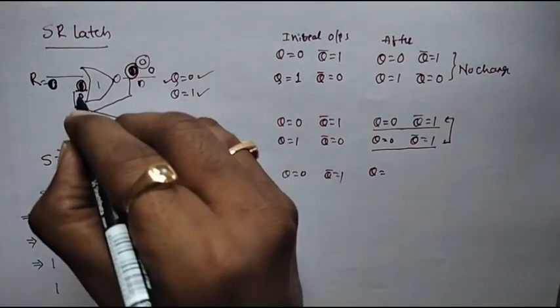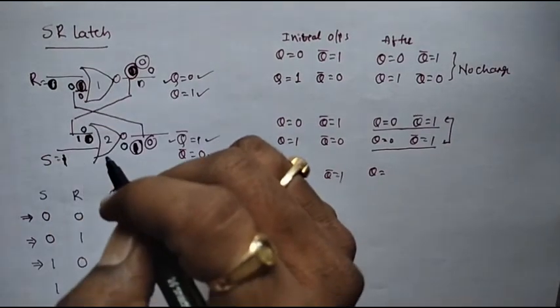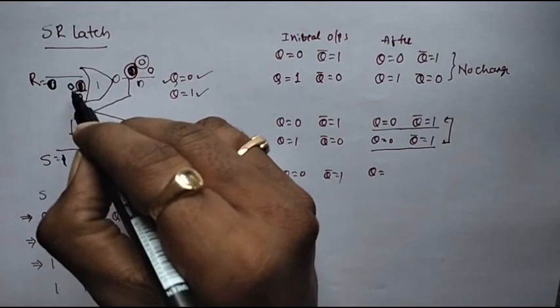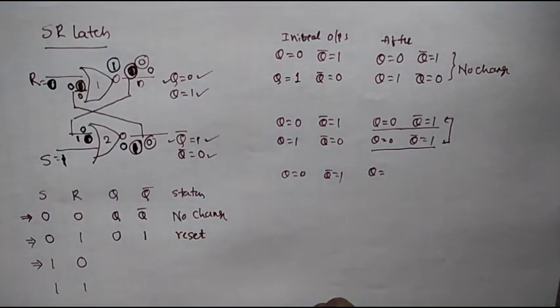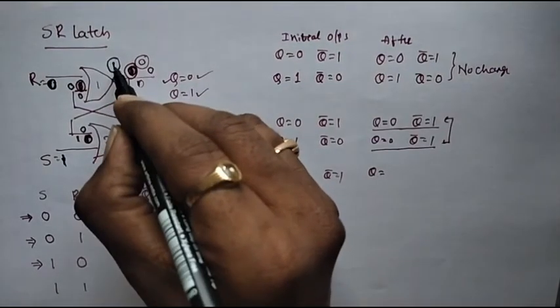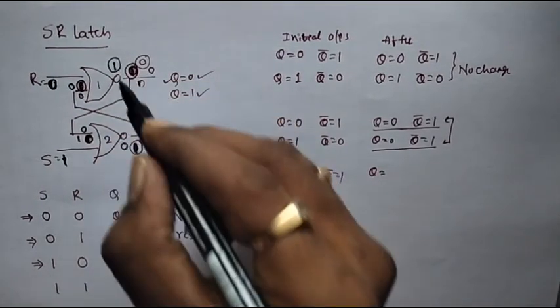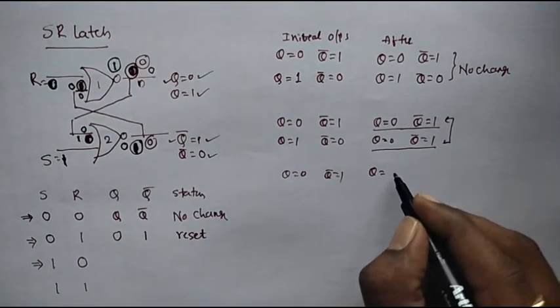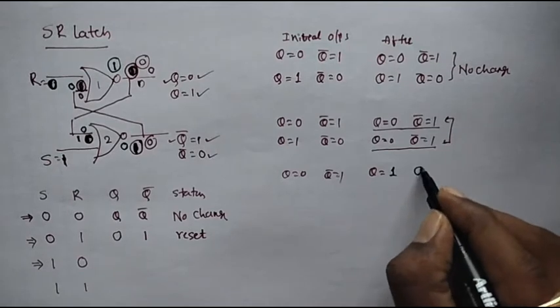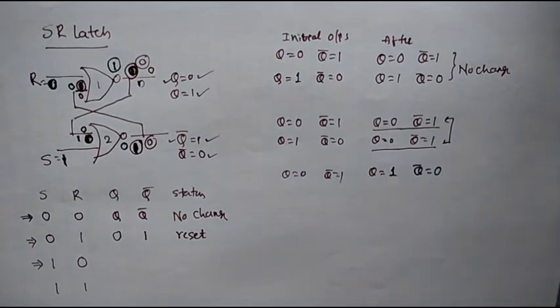This 0 will appear here. 0 NOR with 0 produces output as 1. So now Q is equal to 1 and Q bar is equal to 0. So after operation I can say Q is equal to 1 and Q bar is equal to 0.